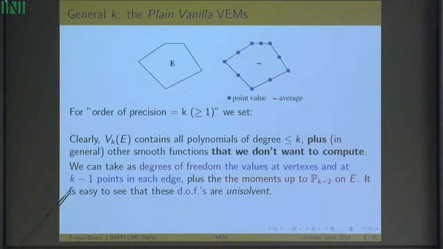And you will take Vk, which is made by all the functions which have a trace on each edge that is a polynomial of degree k, and with the Laplacian being a polynomial of degree k minus 2.